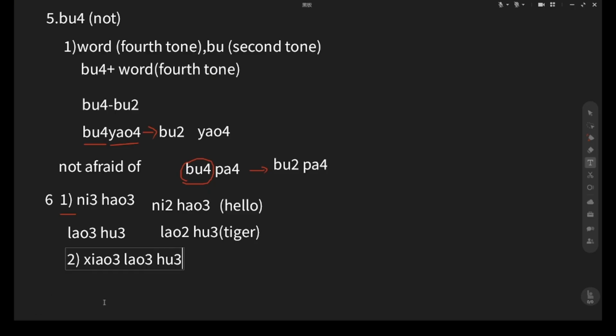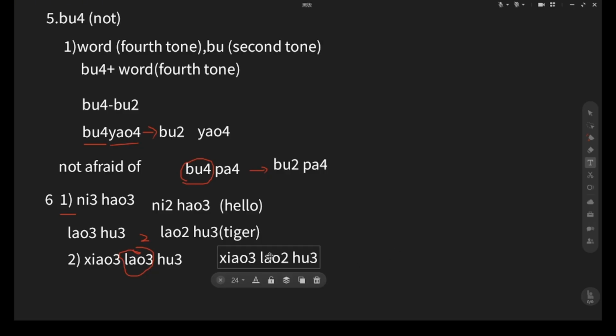These three words are all third tone, right?